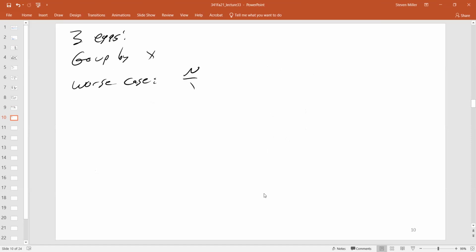Worst case, we have N over X drops before the first one breaks, right? And then we have X floors with 2 eggs. How many drops does it take to do X floors with 2 eggs?